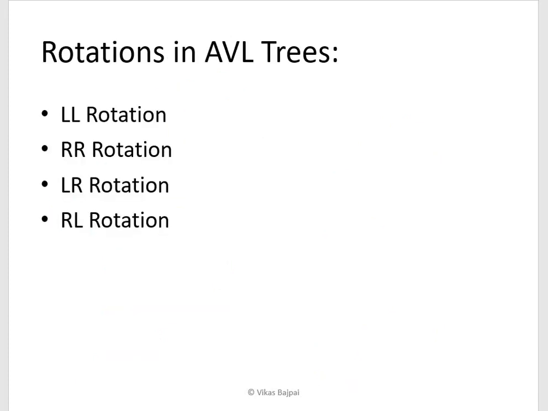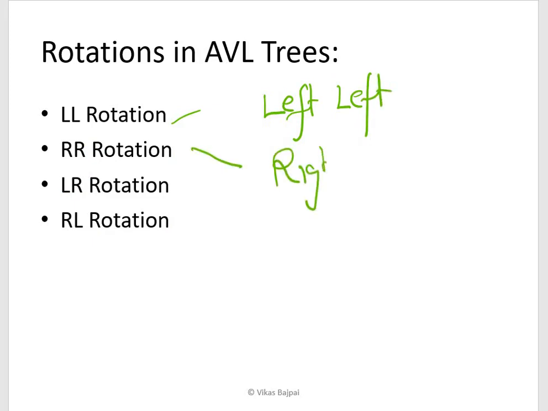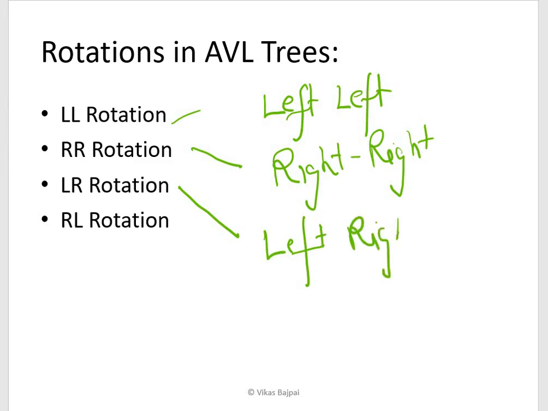So what all options we have? We have LL rotation, which is your left rotation. RR stands for your right rotation. LR is your left right, and undoubtedly RL is your right left rotation.